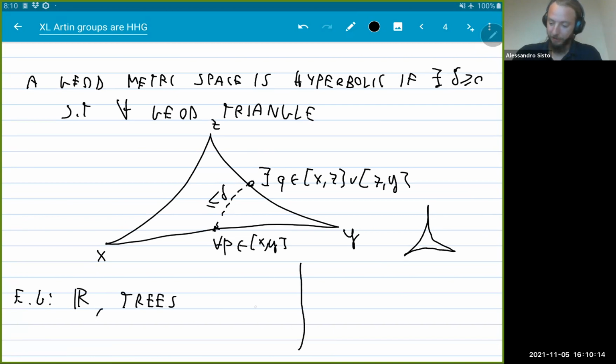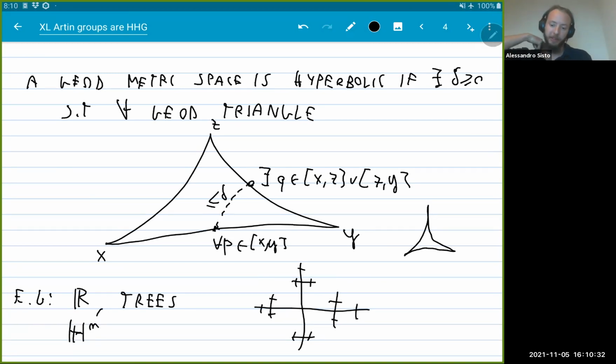For they will actually cover the working example that I'm going to use in a second. So here's a tree. And also there would be real hyperbolic spaces and many more.